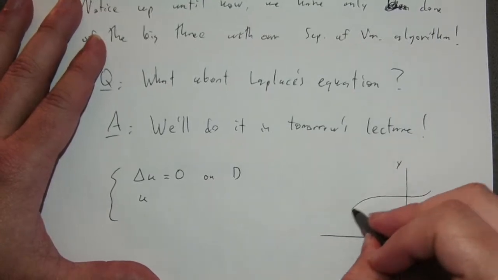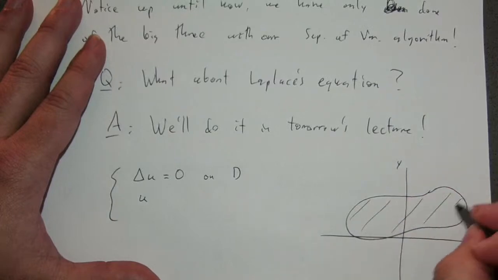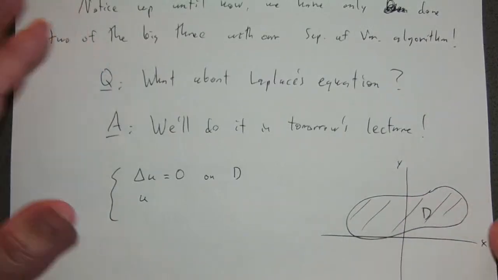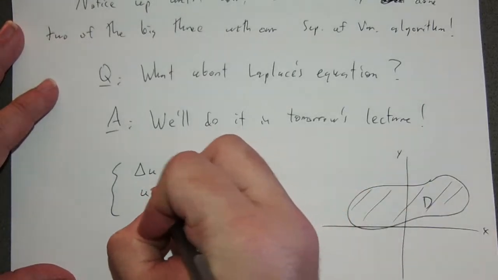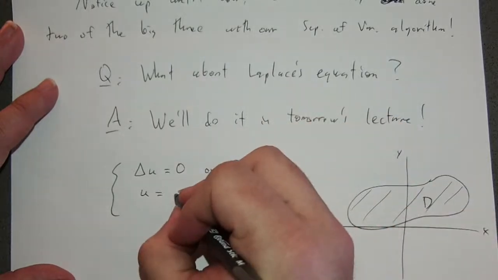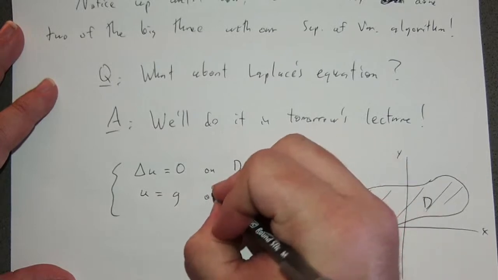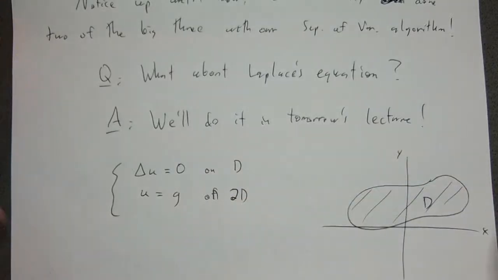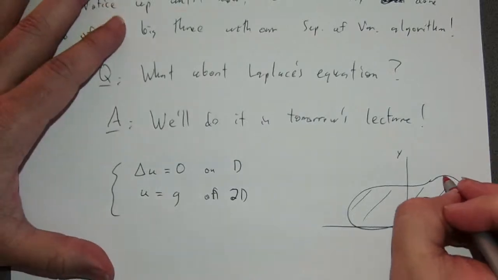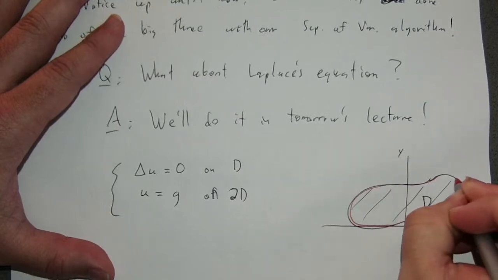My region D might look like this, my 2D region. And then on the boundary, u equals some function g on the boundary of D, which of course is this curve in this case. Here's the boundary.